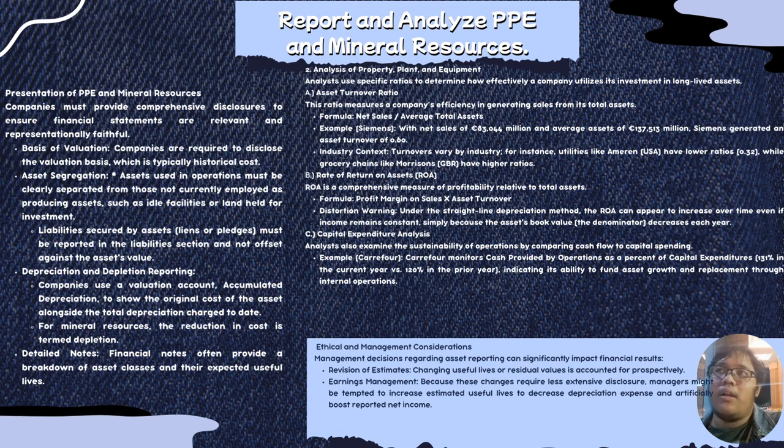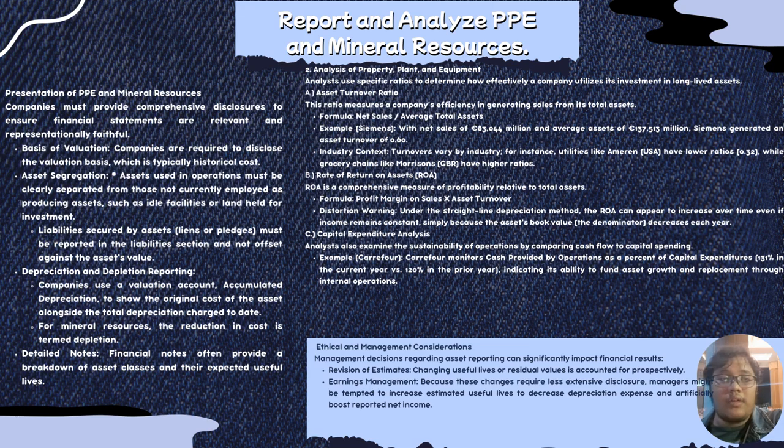And regarding liabilities, those secured by assets like land or pledges must be reported in liabilities and not offset against the asset value. After the asset segregation, there is also depreciation and depletion reporting, where a company uses a valuation account, accumulated depreciation, to show the original cost of the asset alongside the total depreciation charged to date.